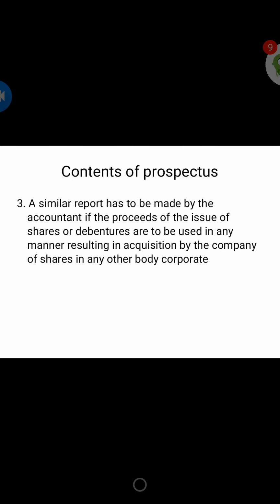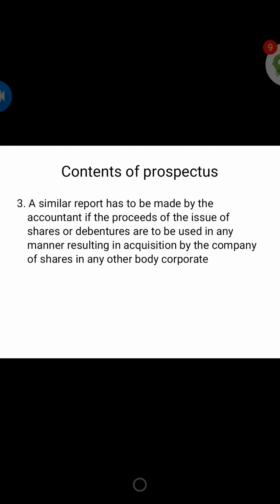Which means, whatever you collect by issuing shares and debentures, if it is used in acquiring the shares of any other body corporate, then in this case you have to give the accountant's report.